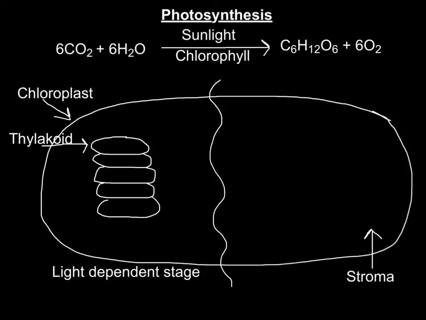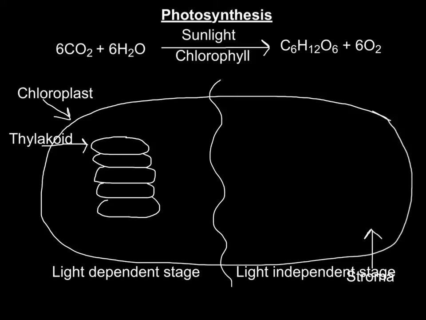Our second stage of photosynthesis is called our light-independent stage, and it takes place in the stroma. So I'm not trying to mislead you and think that the chloroplast is split in half like that, but I think you will get the idea, and it will certainly make this explanation a little bit more simple.